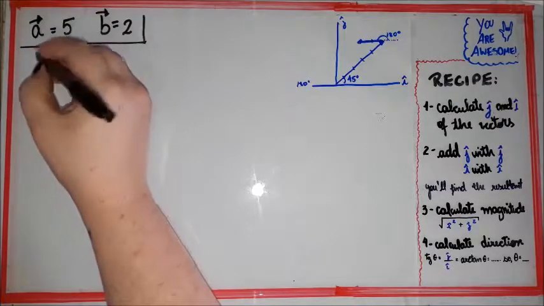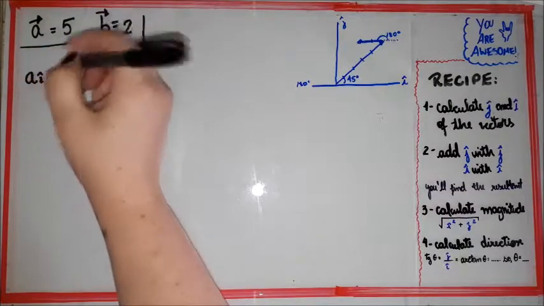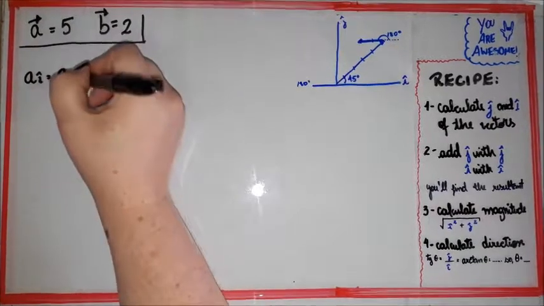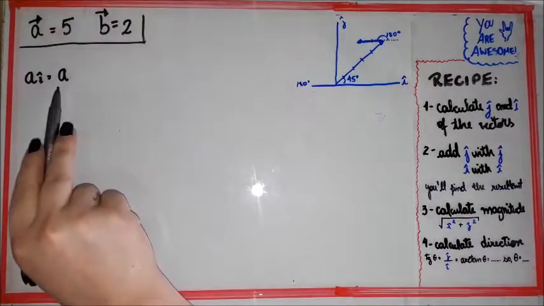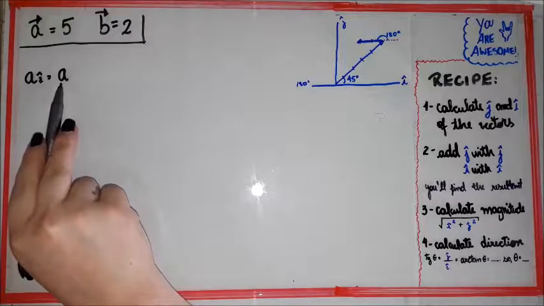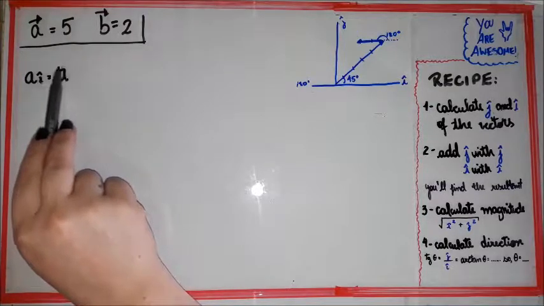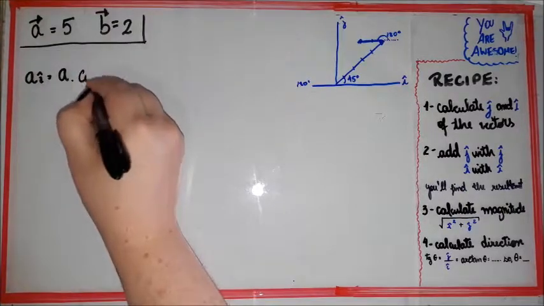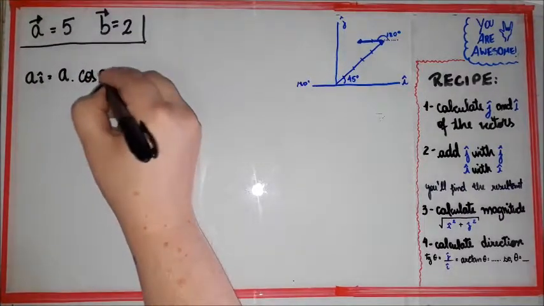Let's start with i hat. A i hat is equal to the magnitude of the vector A, and as I'm talking about its magnitude, I don't put the arrow above, times cosine of theta.